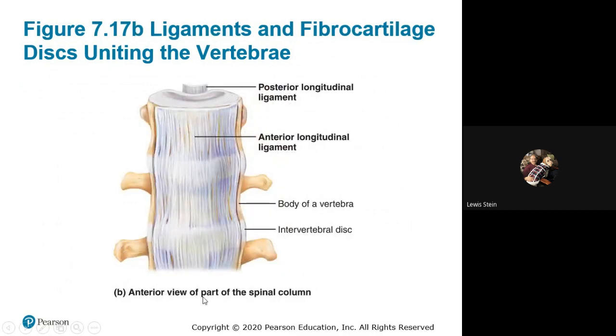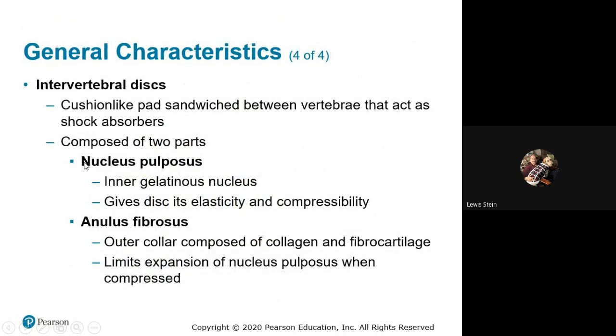So here you can see ligaments both anteriorly and posteriorly. The discs themselves have that gelatinous pulpy nucleus, the pulpy core, with elasticity and compressibility. Annulus means rounded, so the round fibers on the exterior, annulus fibrosus, are outer collagen and fibrocartilage.